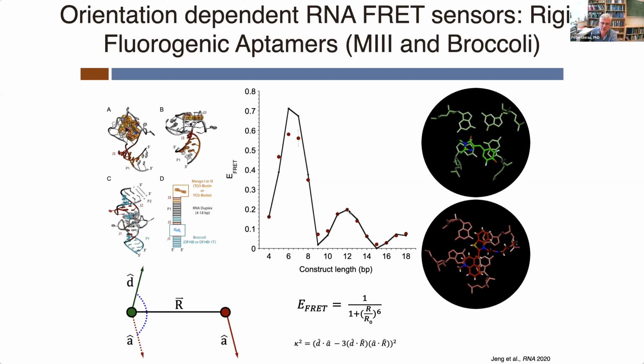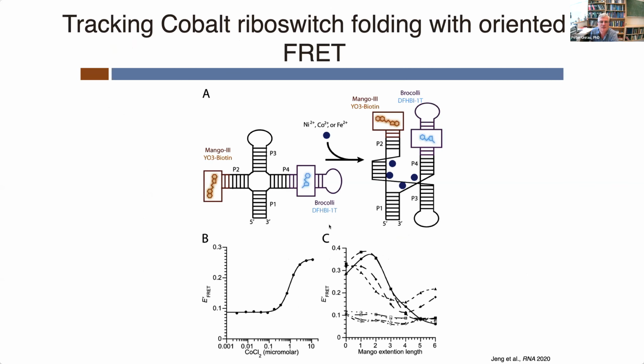And then as you rotate around this helix, you get further away, true, but you now are anti-parallel and therefore maximal again, perpendicular again and therefore minimal again, and then parallel again as you proceed outwards. And so this has been strongly enabling. So we decided to study this using the cobalt riboswitch.